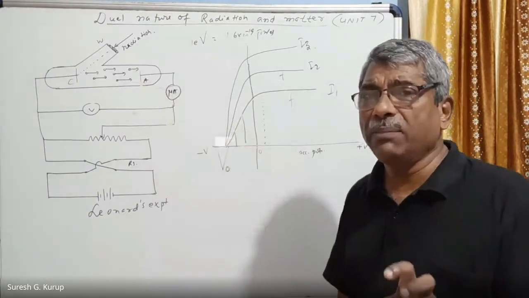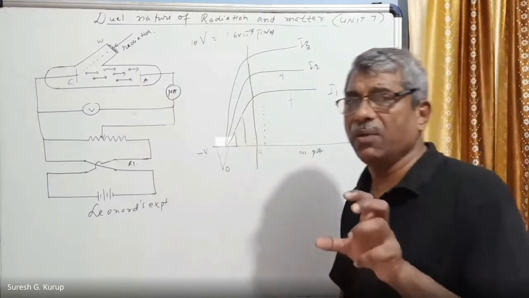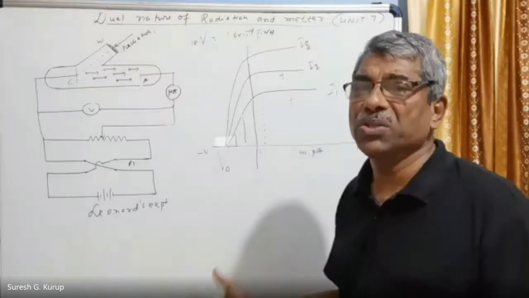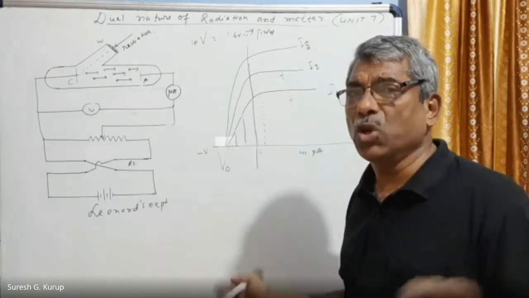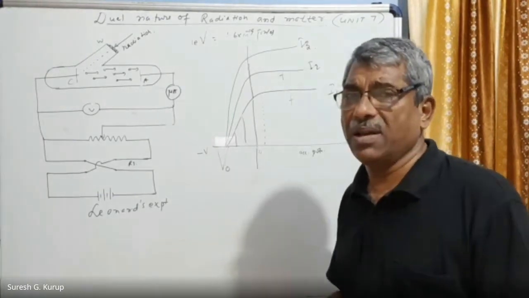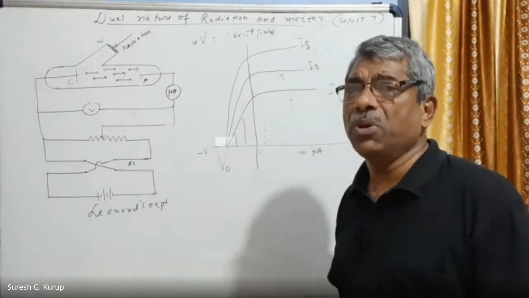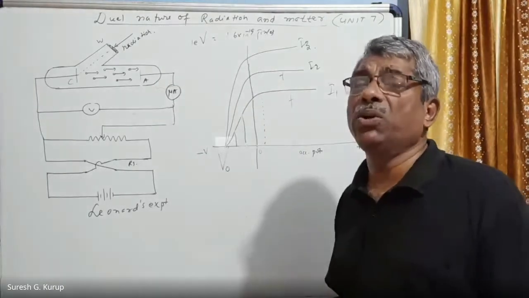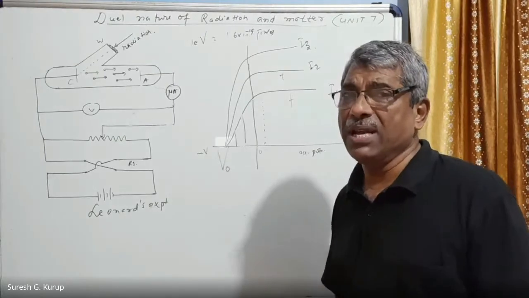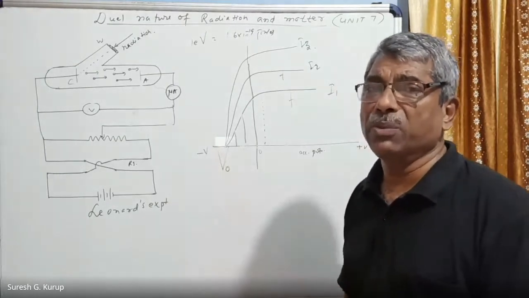The work done by a potential is equal to Q into V0. That means potential energy is equal to QV, right? The work done by the stopping potential is now enough such that it is equal to the kinetic energy of the electrons. Then the photoelectric current becomes equal to zero.